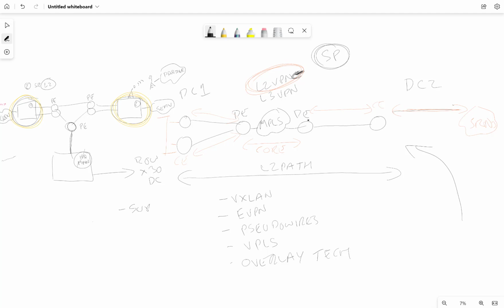Support, uptime, migration, and many other things. What's the risk versus benefit for these different technologies here in a service provider network.